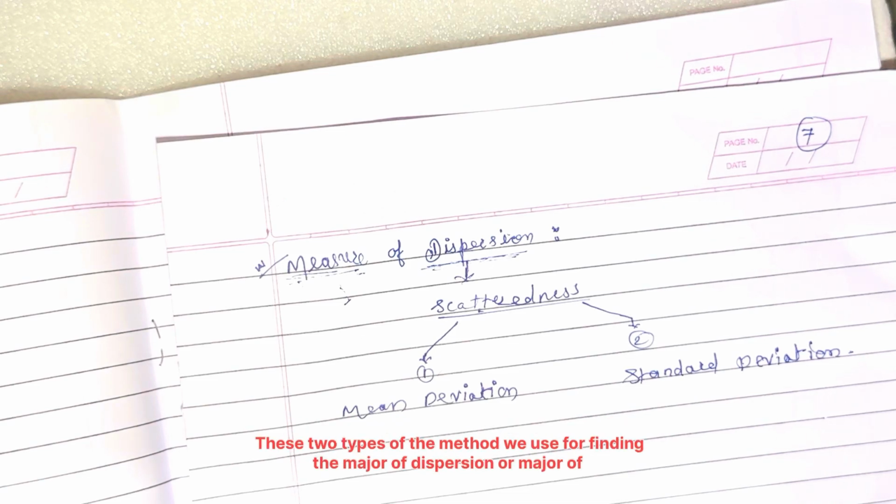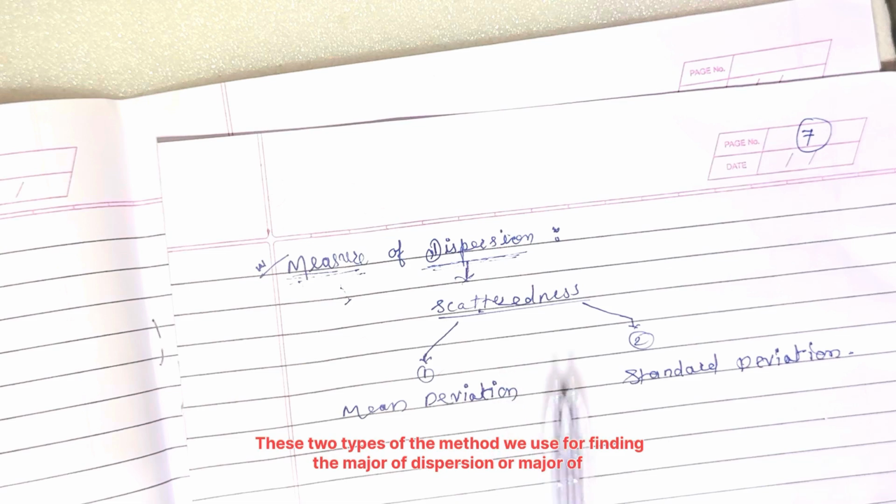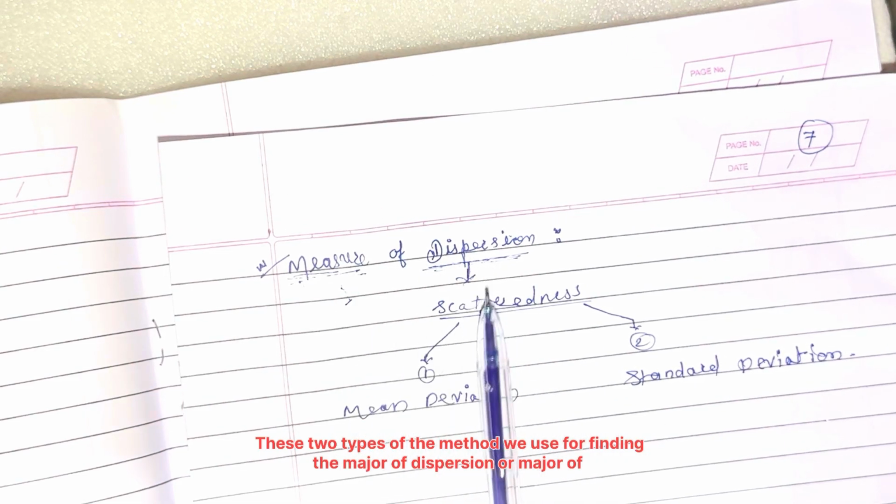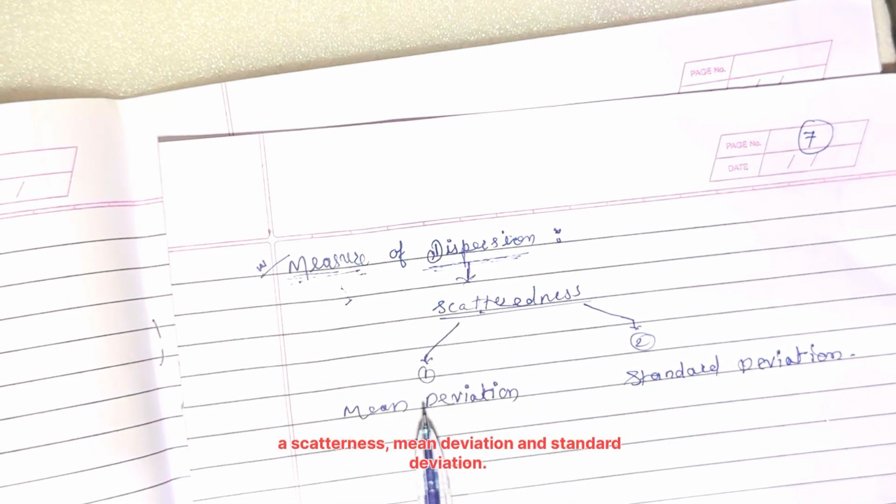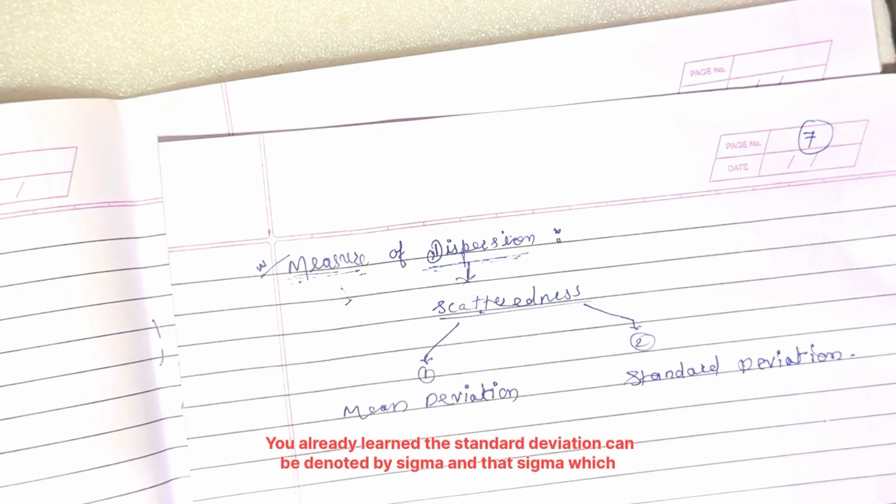These two types of methods we use for finding the measure of dispersion or measure of scatteredness: mean deviation and standard deviation. You already learned that the standard deviation is denoted by sigma, and that sigma can be written as square root of npq. That is part of your 11th and 12th standard.